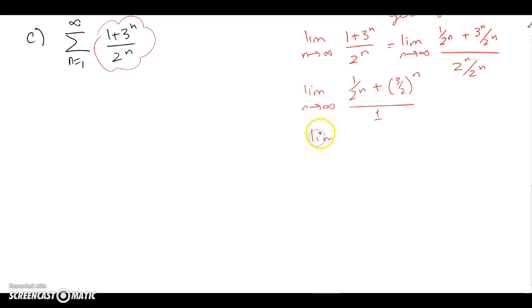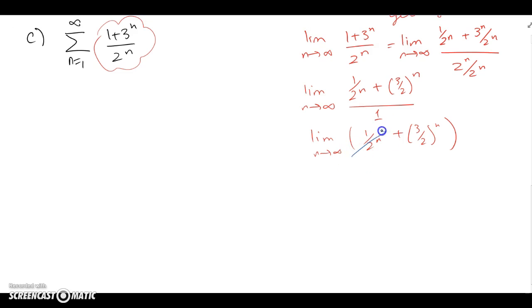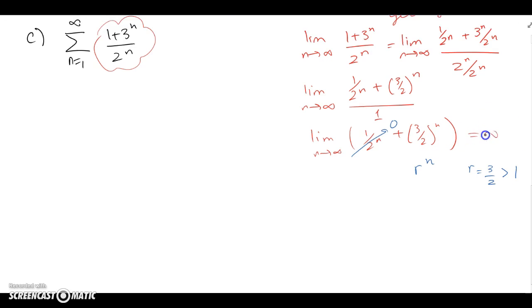So I'm basically looking at the limit as n goes to infinity of 1 over 2 to the n plus 3/2 to the n. And if I look at it that way, I know that as n gets big, this guy goes to 0. And here we have that r to the n business popping up again. And since r is equal to 3/2 and it's greater than 1, this thing is actually going to blow up and go to infinity.